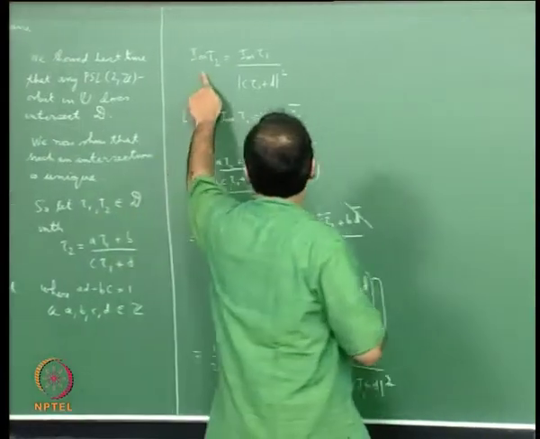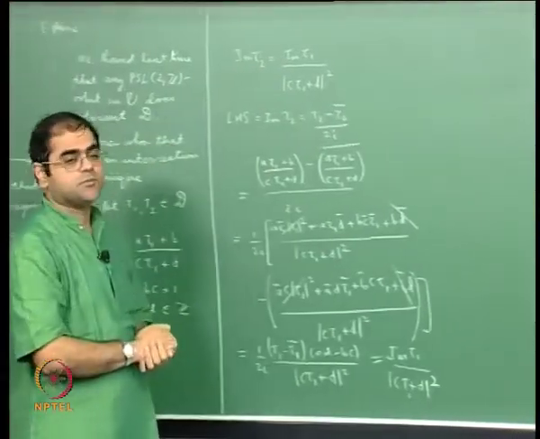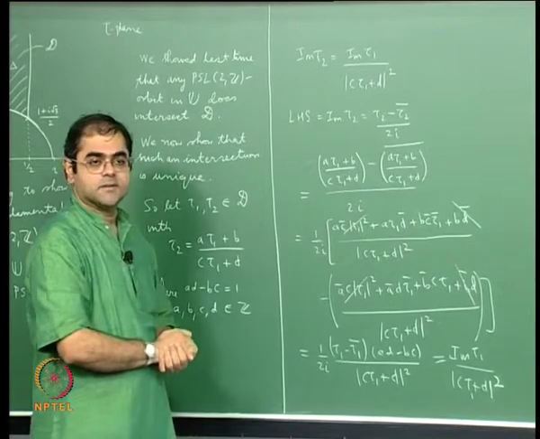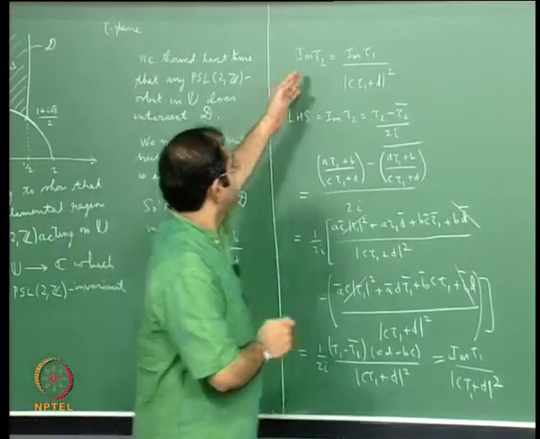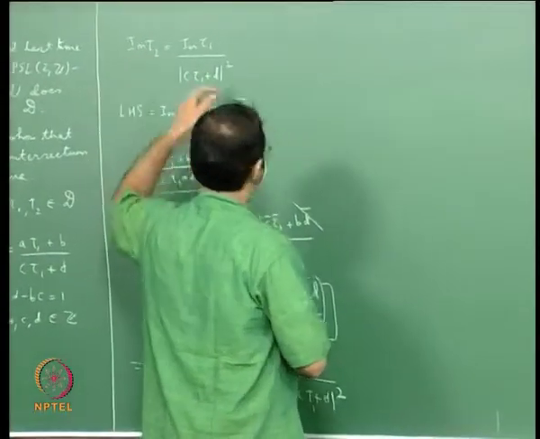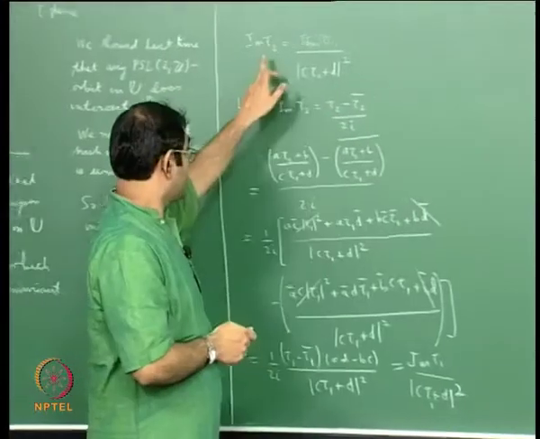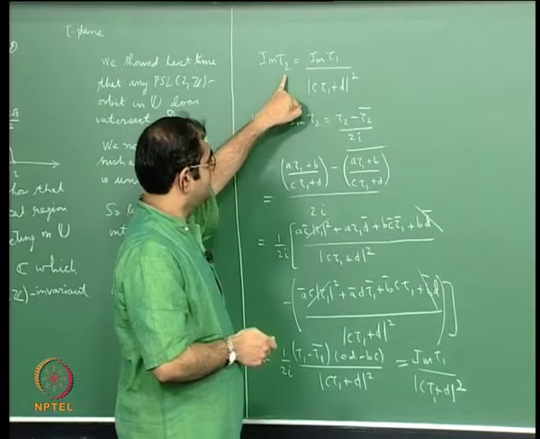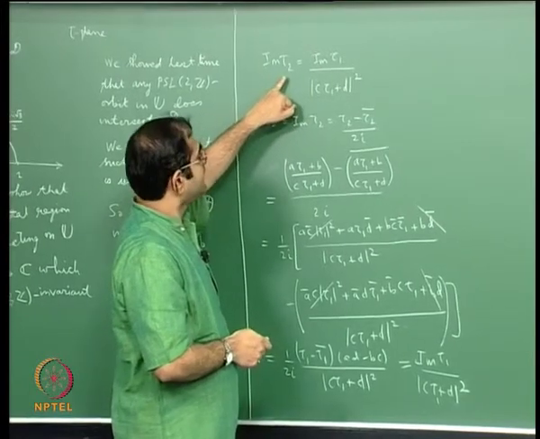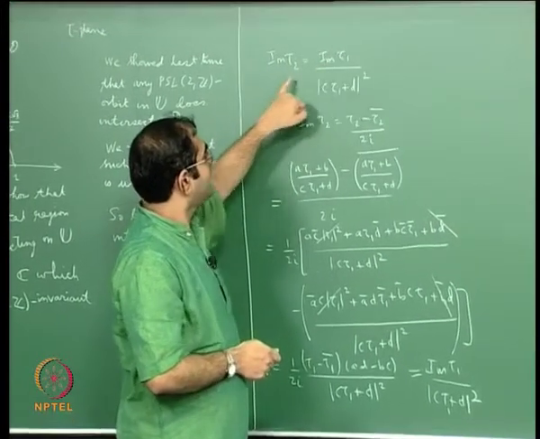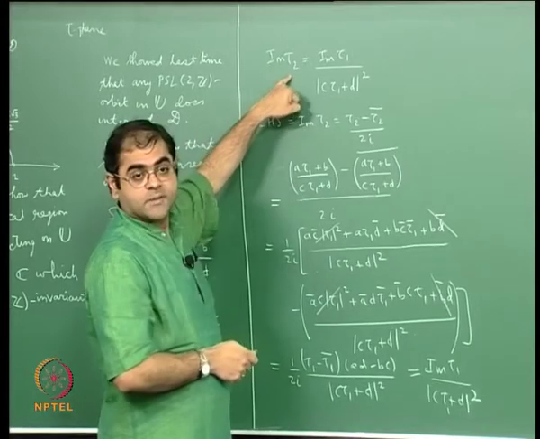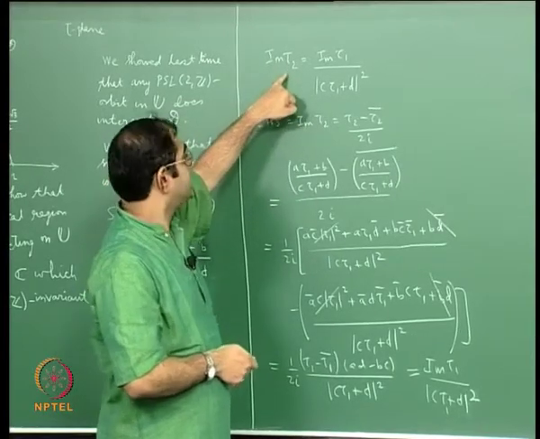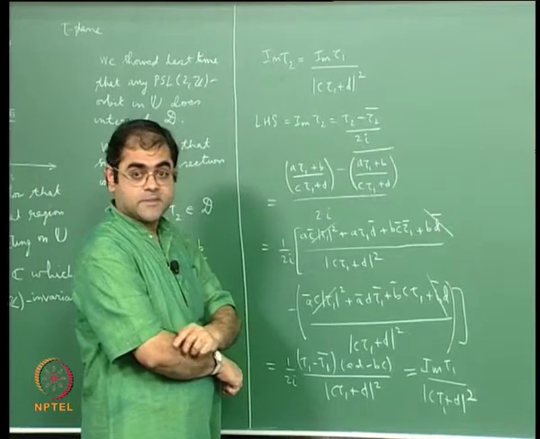So this helps us to reduce to a certain case. Of course tau 1 and tau 2 are in the upper half plane, so the imaginary parts are positive. Without loss of generality, I will assume that the imaginary part of tau 2 is greater than or equal to the imaginary part of tau 1.